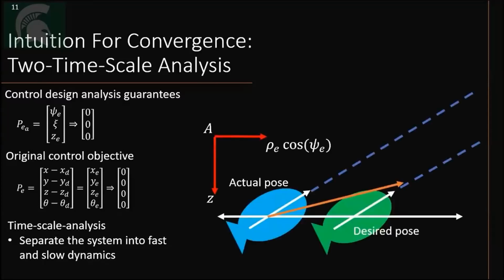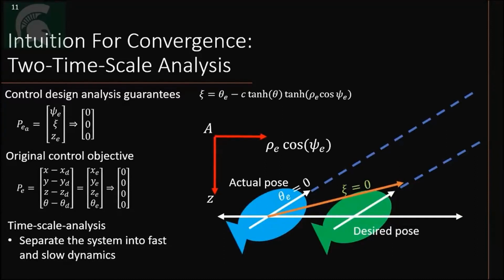Following this logic, we use this image to depict the pitch angle of the robot when the errors theta E and xi are equal to zero. Now, PEA equals zero means that the robot is pointed in the desired direction and moving at the desired depth rate. In this situation, theta E would leave the position offset error constant.